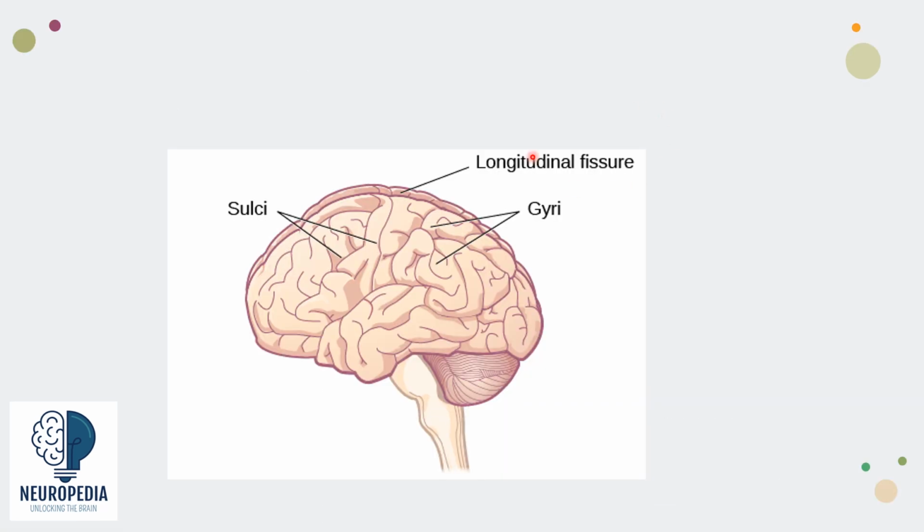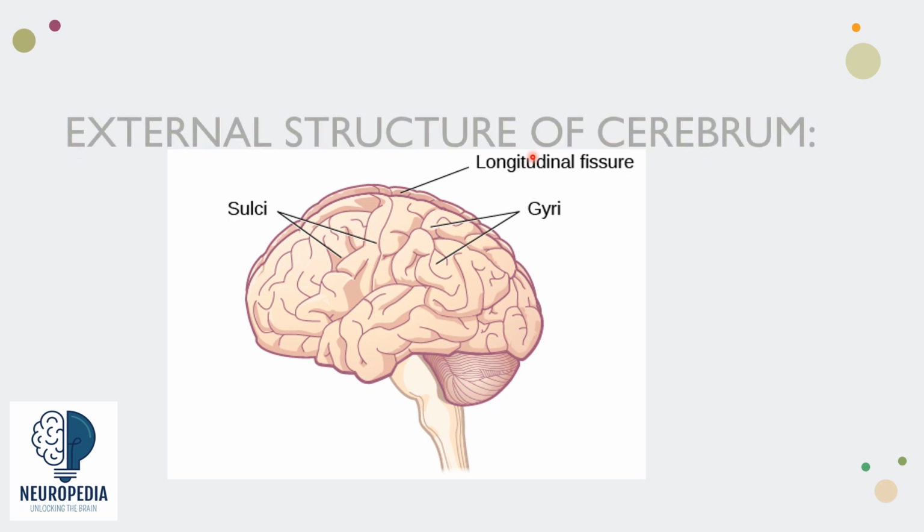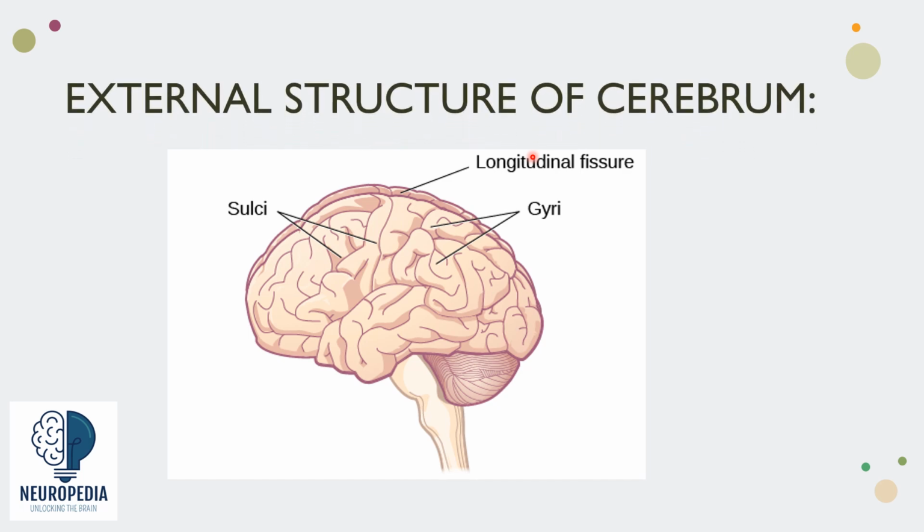Let's talk about the external structures of the cerebrum. As you can see in this figure, the external appearance of the cerebrum is highly convoluted, containing grooves or depressions called sulci, singular sulcus, and ridges or elevations called gyri. The major sulcus is the longitudinal fissure.